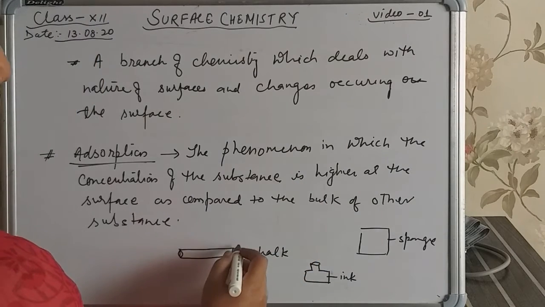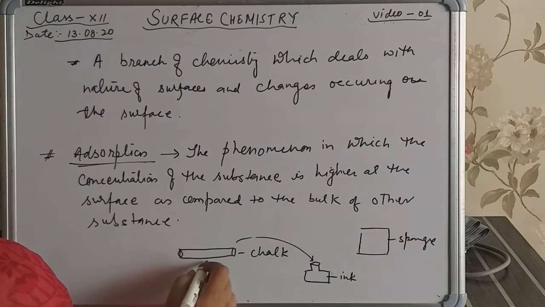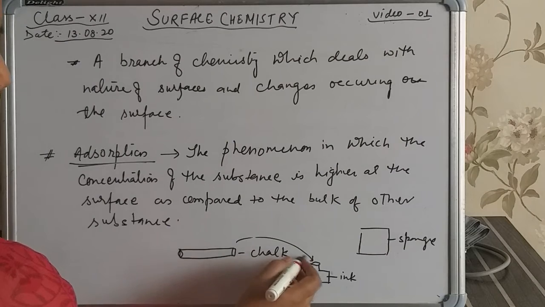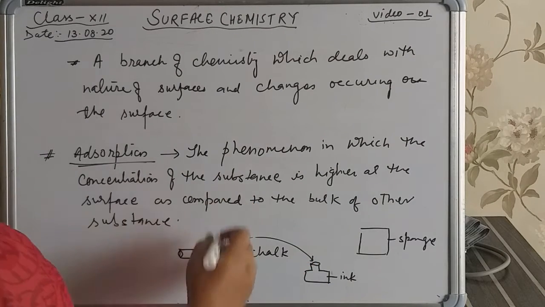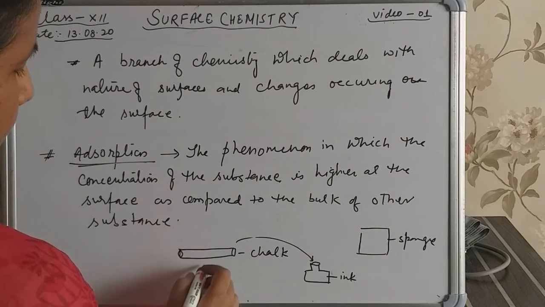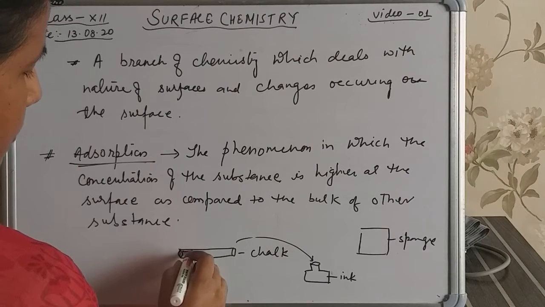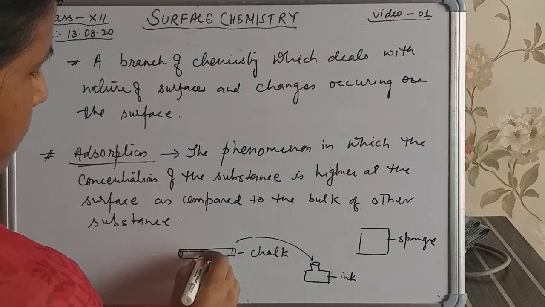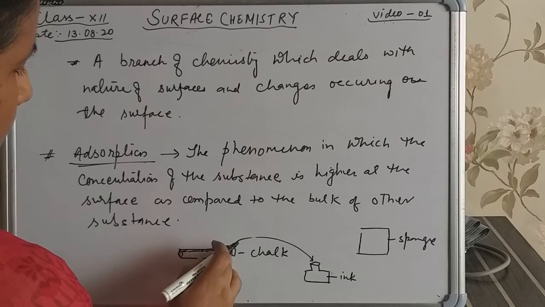Dip the chalk into the ink and see what happens. You will see that when you dip the chalk in the ink pot, ink deposits on the chalk, and you will see the chalk only shows the presence of ink on its surface.